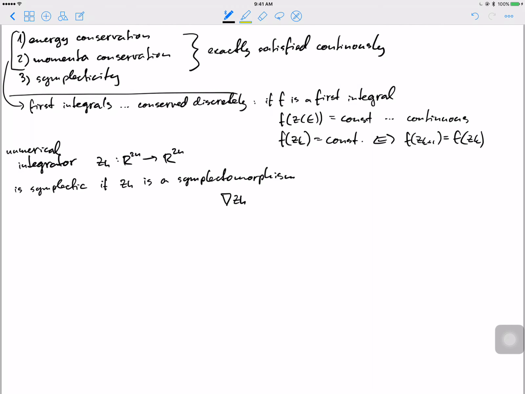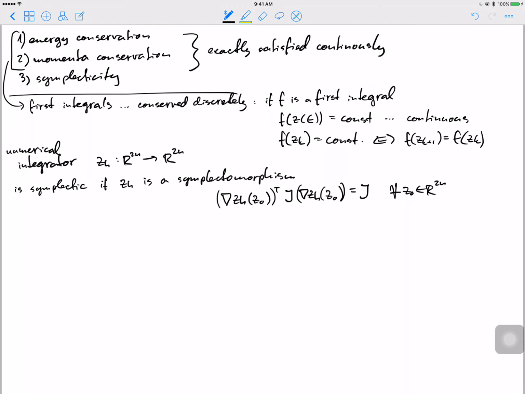That's the one we had before when we talked about the continuous case, that this equality is true for every Z0 from the phase space. You see?